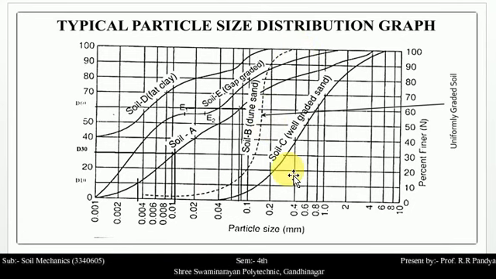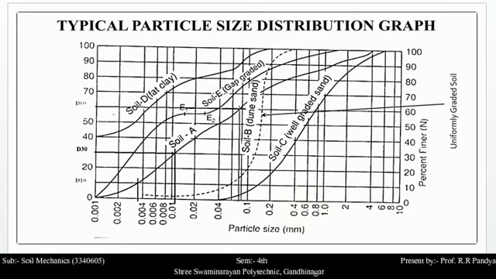If the soil sample has a large range of particle sizes, it is considered well graded soil. If some sizes of the soil sample are present and others are missing, then it is gap graded soil. You can see it here from this image. Also, if the soil has mostly large diameter particles, then it is considered coarse graded soil.